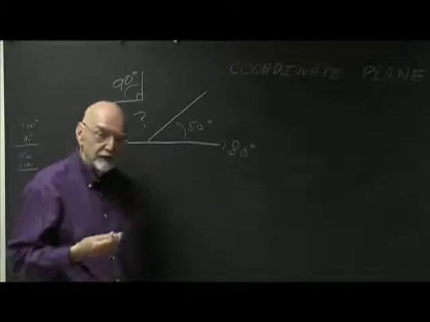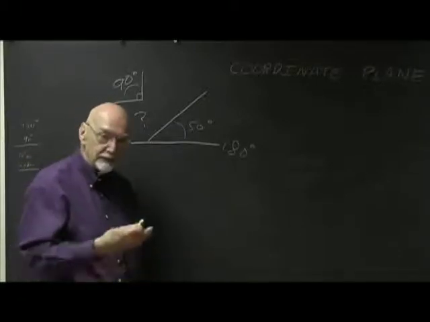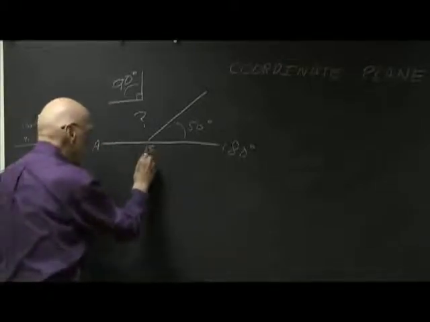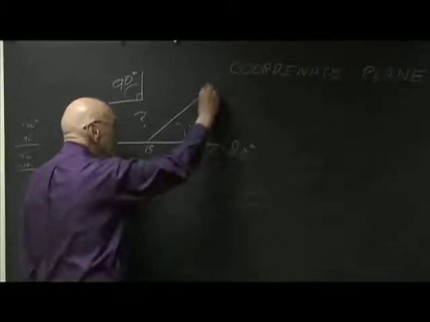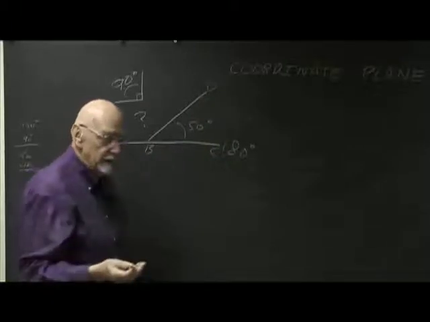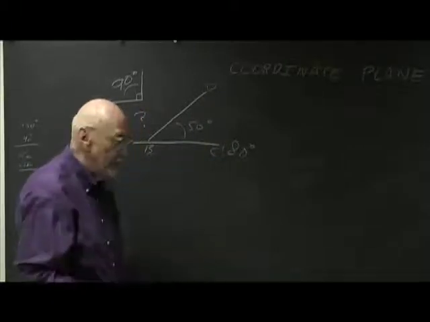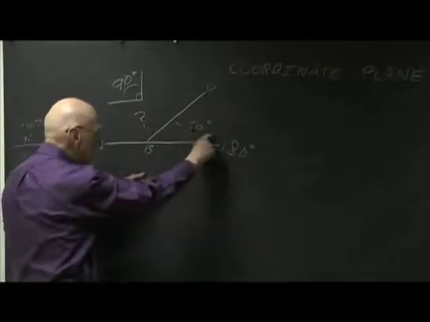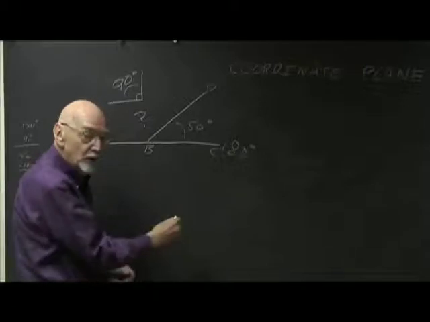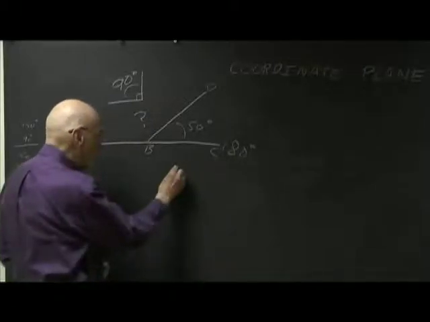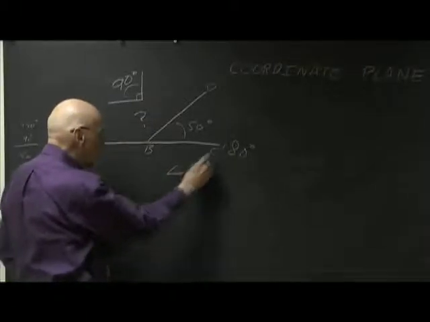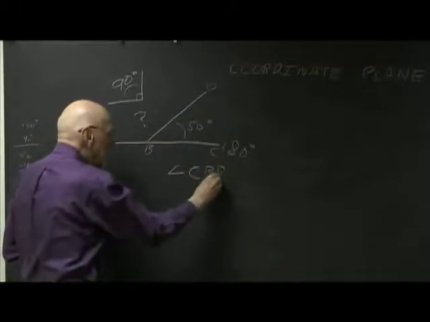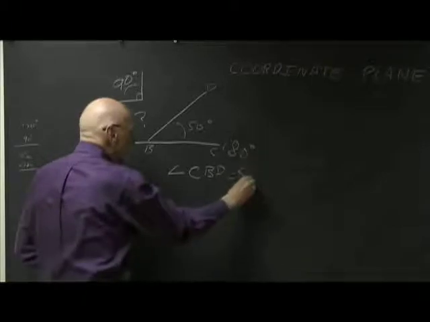Now they have to give points a name so they can refer to which angle. And these are not absolute. These points on a line, they can throw in anything they want to. So this 50-degree angle they have given you would be written like this: angle CBD equals 50 degrees.